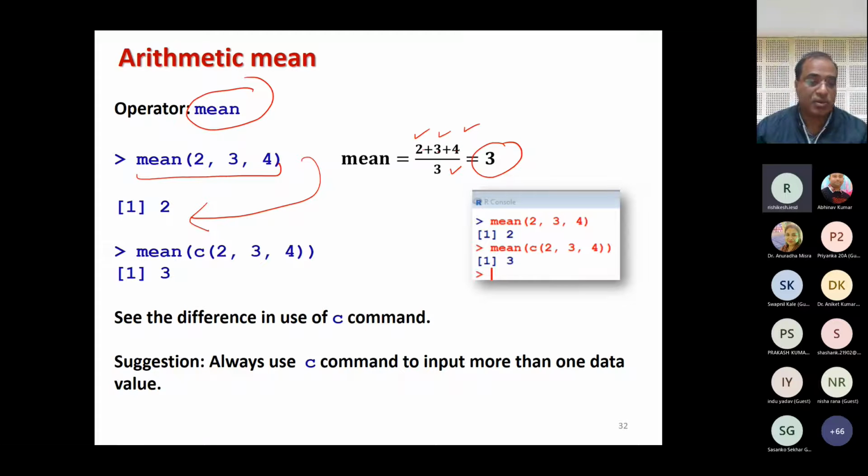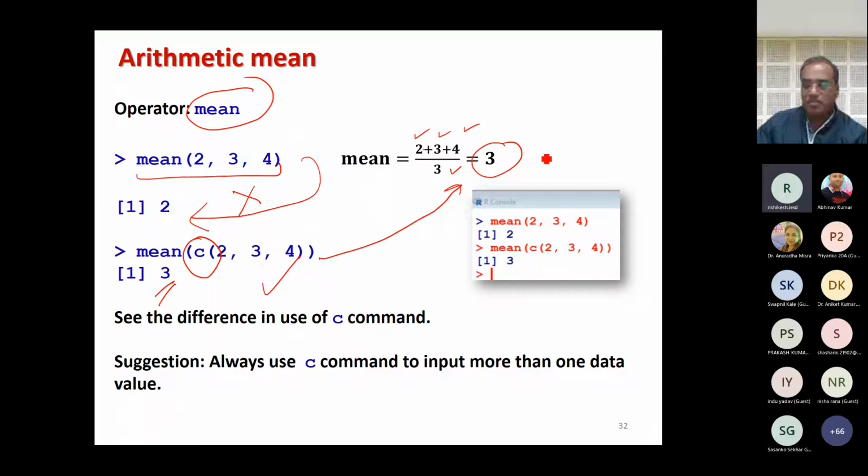That is my question to you all. On the other hand, if you use the c command and find the same thing with the command mean, it gives you the value 3, which matches your manual calculation. So this value is wrong and this is correct.